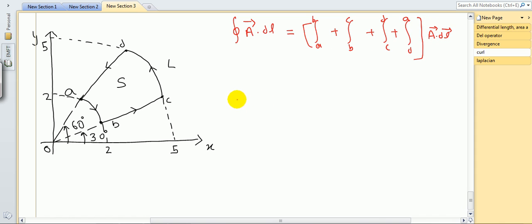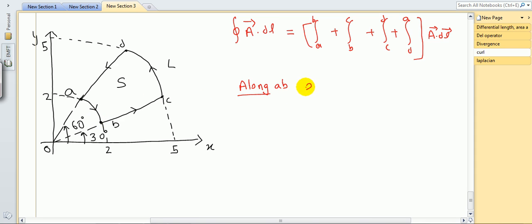So we will see them one by one. Let us say for the path AB, along AB you can see that the value of rho will be 2, and the differential length vector will be, as the phi is changing, rho d phi a phi cap.